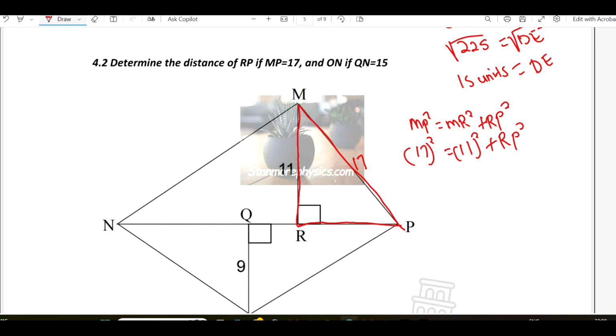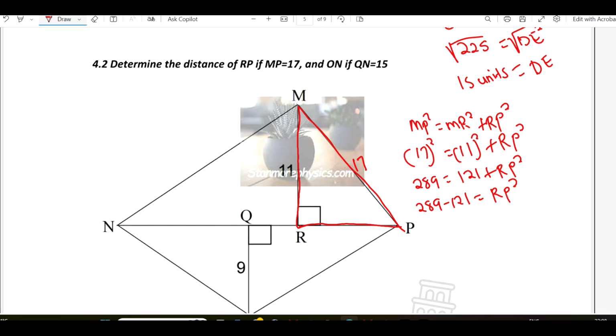let's use our calculator. 17 squared is 289, and then 11 squared is 121 plus RP squared. I will take this 121 to the other side: 289 minus 121 equals RP squared.